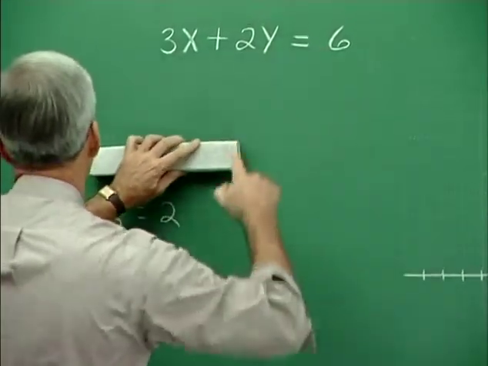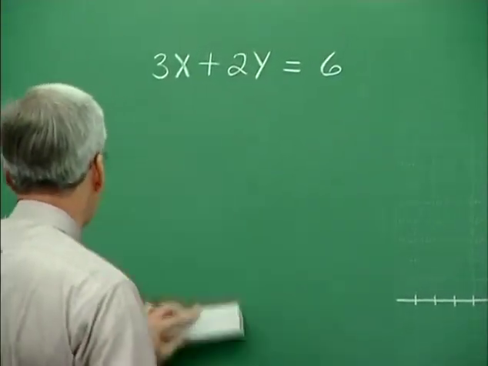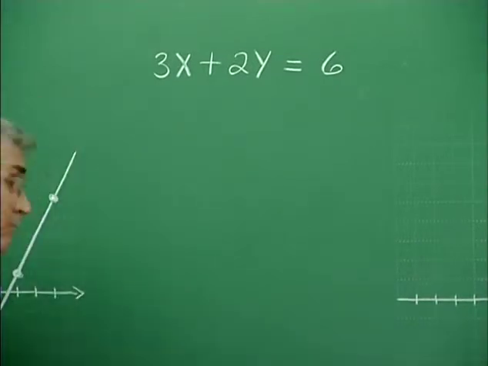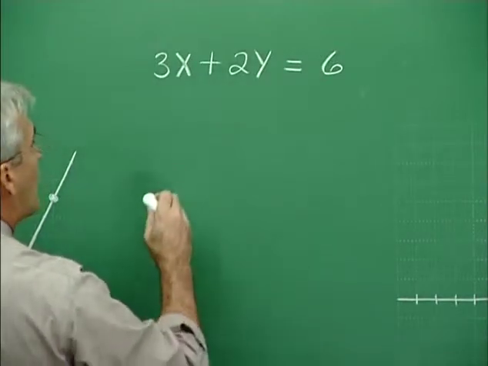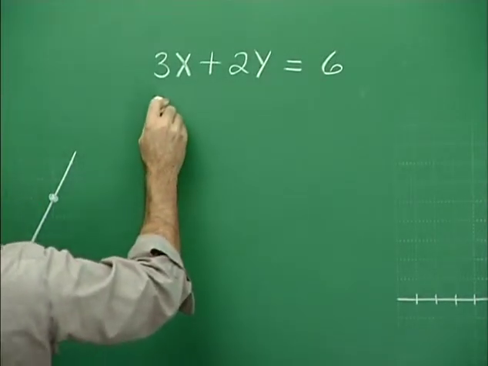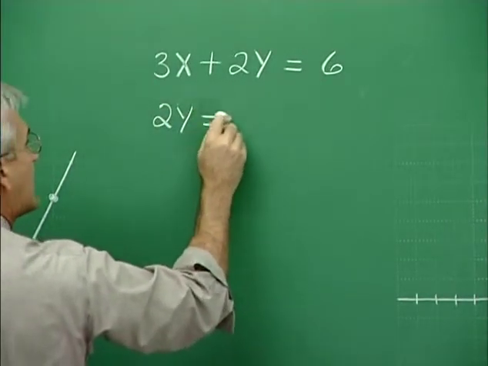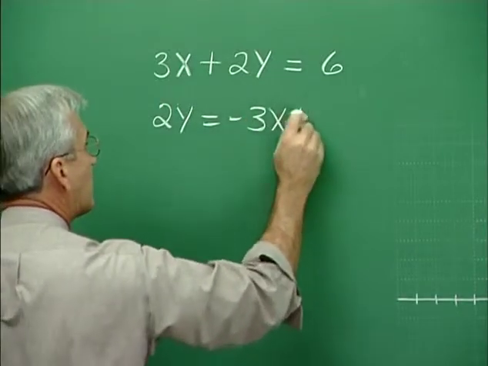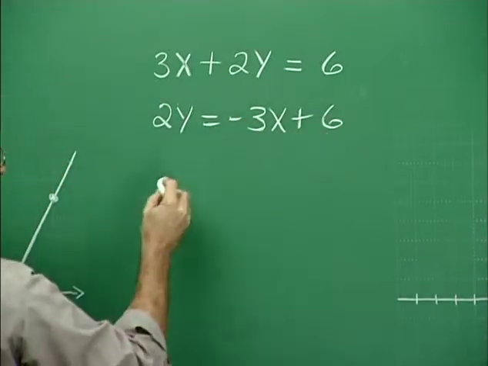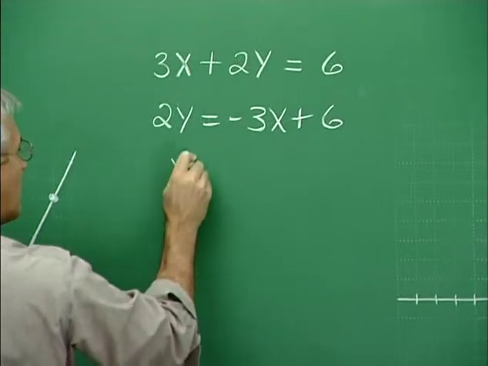Here we have an equation, and the equation is not in the slope-intercept form, but we can manipulate it into that form rather easily. All we're going to do is solve for y. Subtract 3x on both sides, and we have 2y equals -3x plus 6. Now divide throughout by 2. Divide here by 2, and we have y.